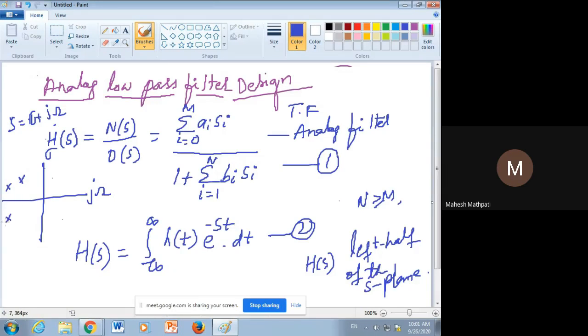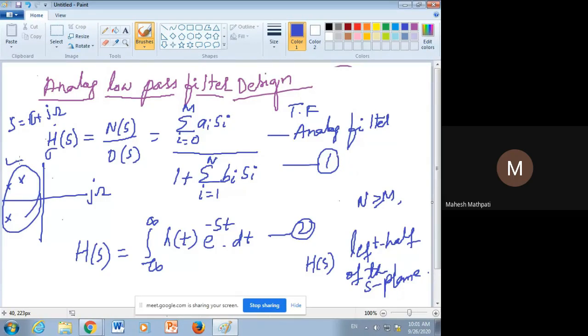If the poles come here, we call it simply a stable system. We will understand that with examples again, right? So have you noted? These are the general things we need to remember here: the transfer function of a low pass filter, and how we get it by applying the Laplace transform to the impulse response.